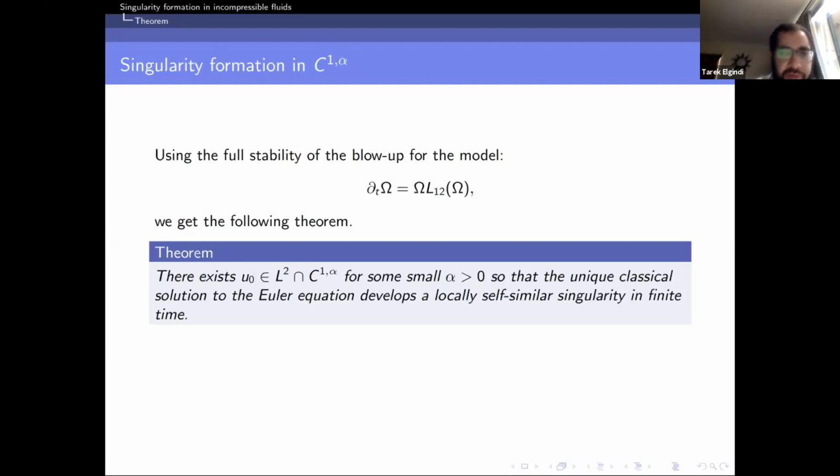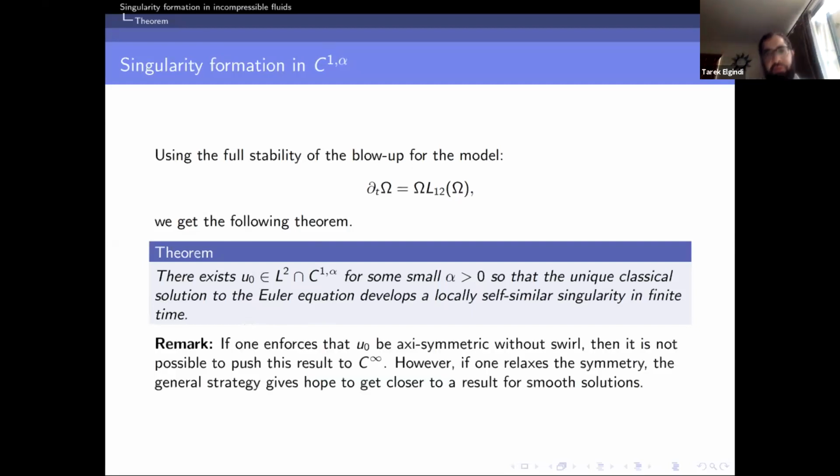So there exists a finite energy and C^{1,alpha} solution for the 3D Euler equation, which develops a singularity in finite time.